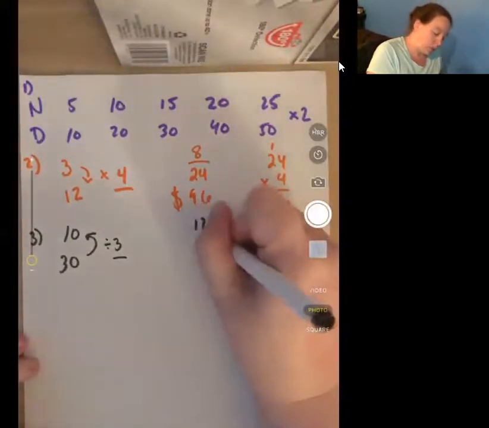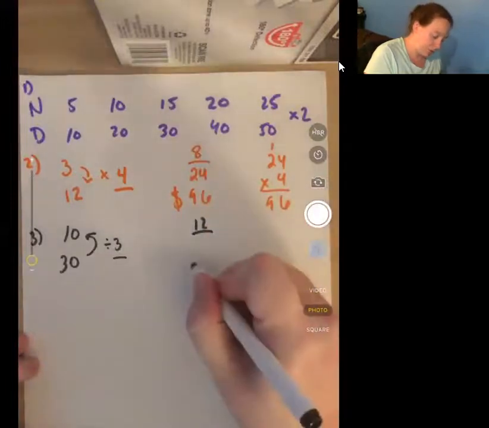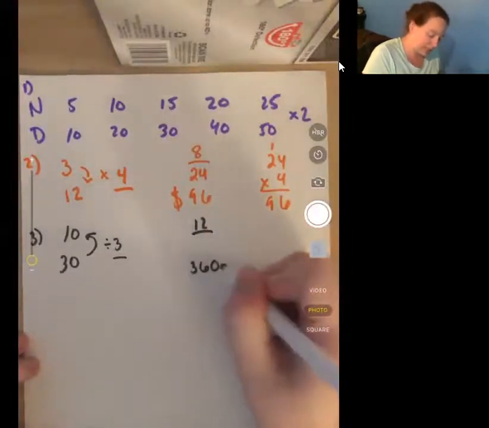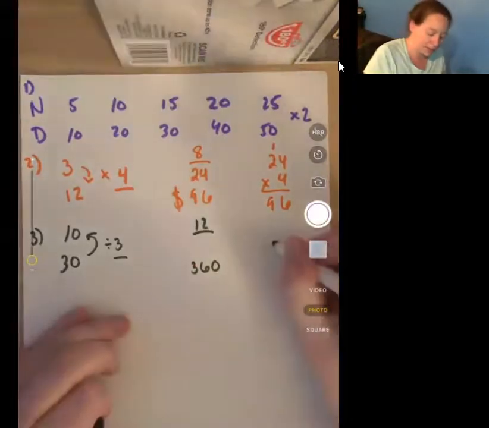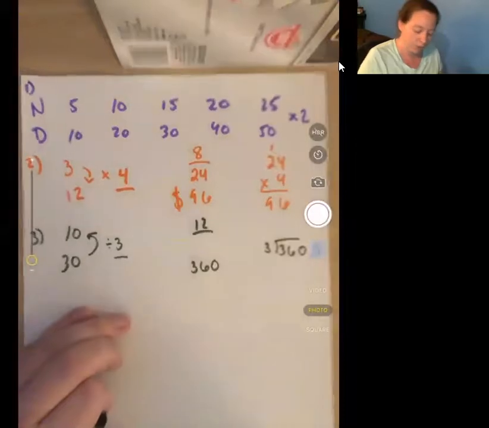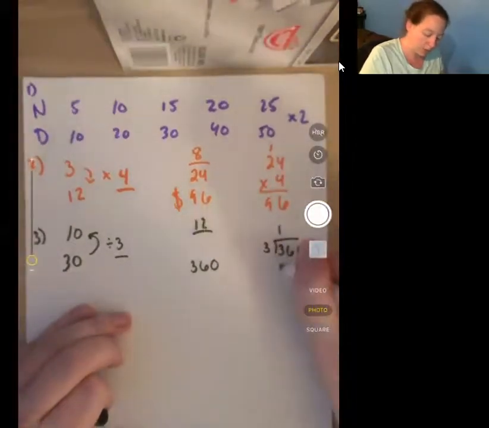So at the 12th point, we have 360 pounds. I need to know how many marbles are in that 360 pounds, so I need to divide it. 3 into 360. 3 goes into 3 one time. 1 times 3 is 3. 3 minus 3 is 0.